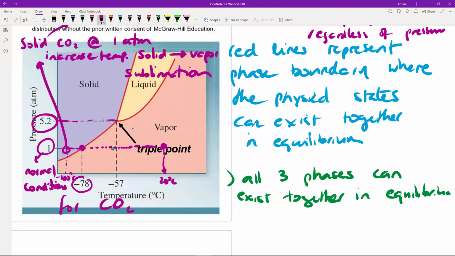If at this point we were to increase the pressure, we can eventually get to this point, maybe 10, 12 atmospheres. We can force the CO2 gas to actually liquefy.